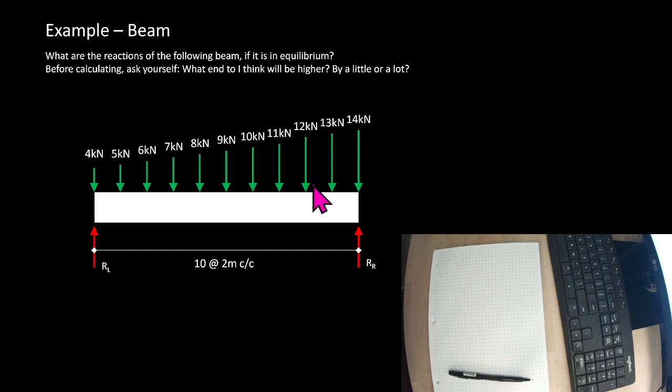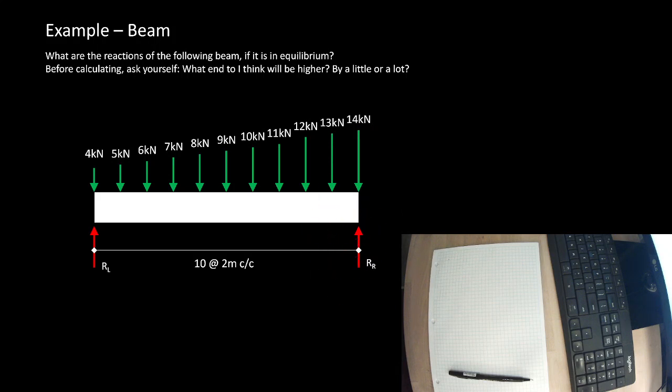Well, intuitively, I think most of the load is going to come down to this end. So I'll often write myself a little note that I think RR should be greater than RL, probably by quite a bit. I'm not quite sure how much, but definitely by a significant amount.